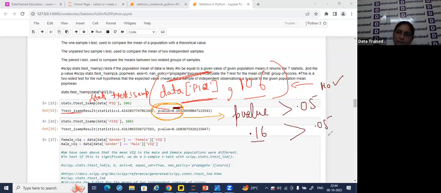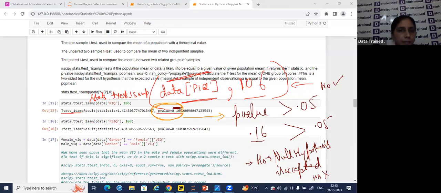So in this case, H0, the null hypothesis, is accepted and the alternative is rejected. What does it mean? When the null hypothesis is accepted, it means the mean value of PIQ is identical to 106.